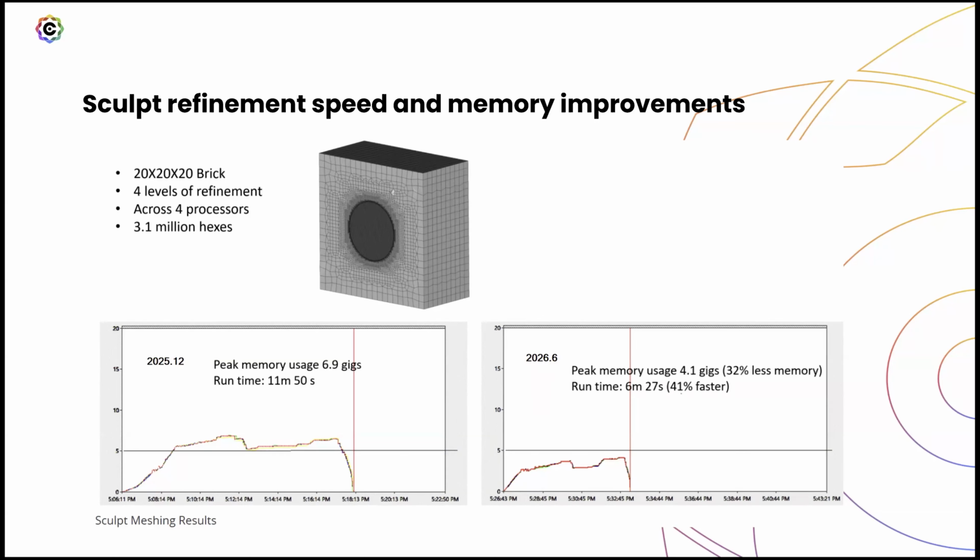Bottom line is the memory is reduced. For example, in this example, we went down from 6.9 gig of memory down to 4.2, so a 32% reduction in memory. And in speed, it's now 41% faster. So if you're using Sculpt and doing refinement, this is a win.